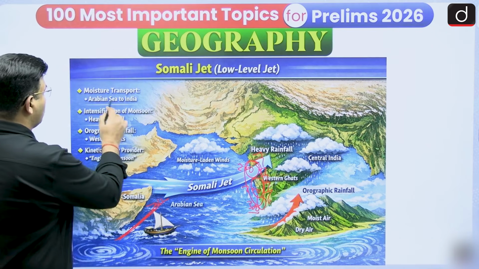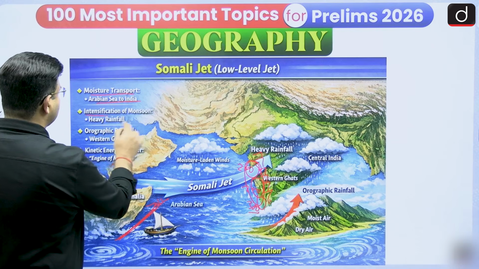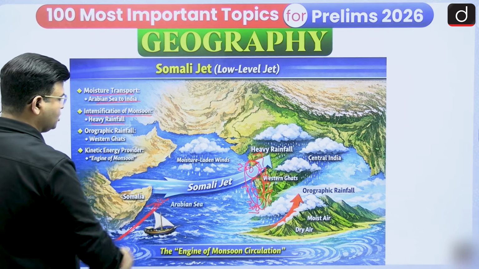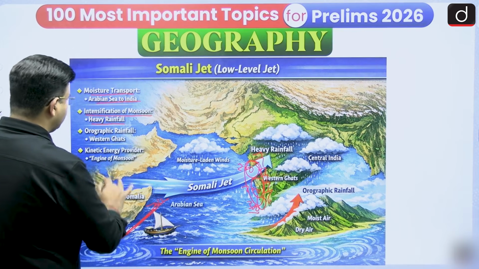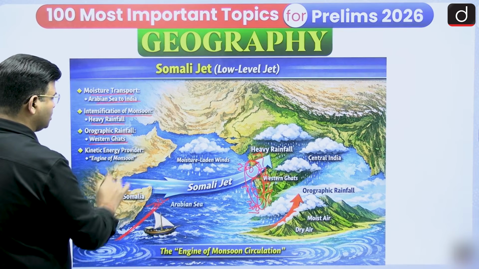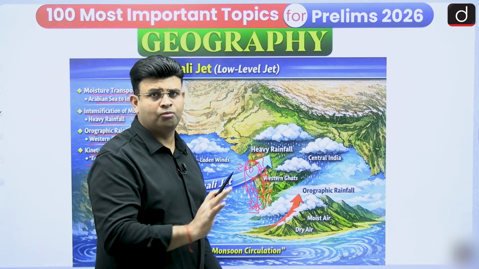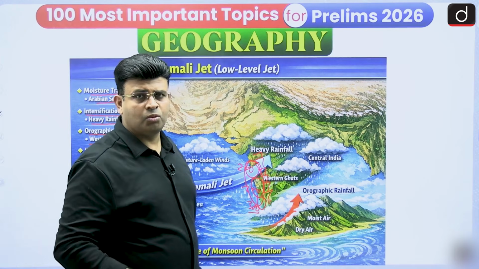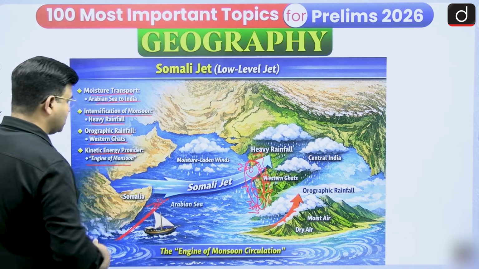And here the moisture is transported from the Arabian Sea to India, which intensifies the monsoon. This Somali Jet is known as a low level jet, it moves at a lower height, and it is causing orographic rainfall along the Western Ghat, and the kinetic energy provides the engine of the monsoon. It means the faster the wind, the more monsoonal rainfall in India, with the kinetic energy of the monsoon.